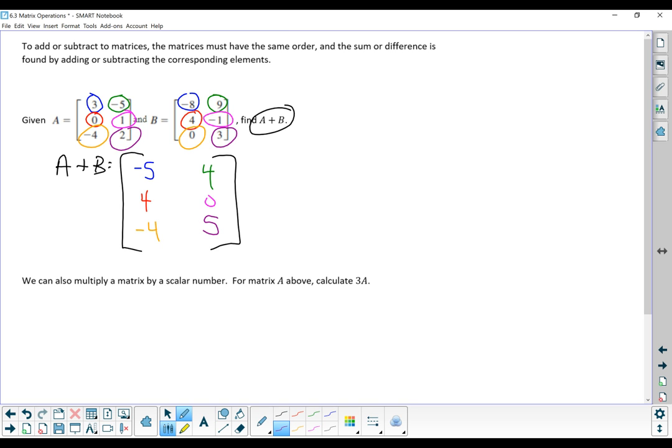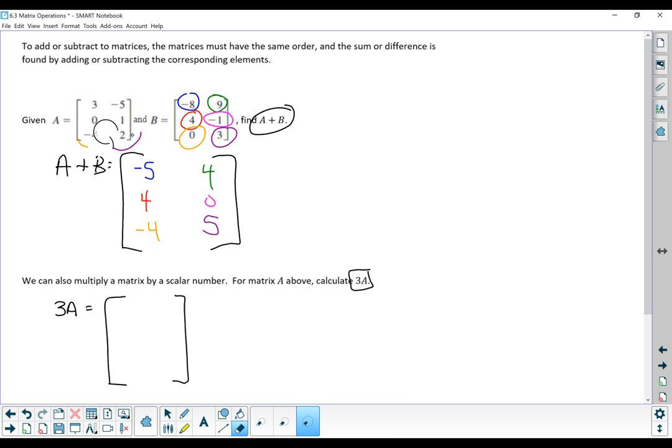So the matrices have to be the same size, and then the resulting sum is also that same size as well. It is also possible to multiply a matrix by a scalar number. For example, if I want to know what is 3 times A, I would just multiply each element in A by the number 3. So that first element is 3 times 3, which gives me 9.